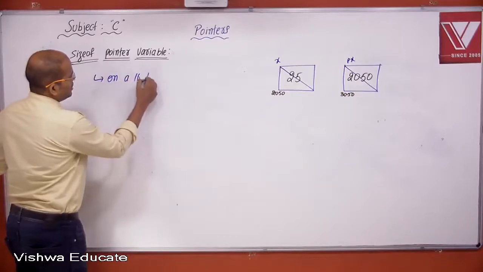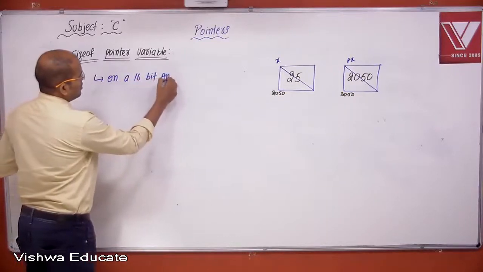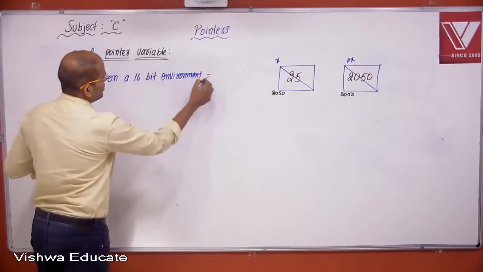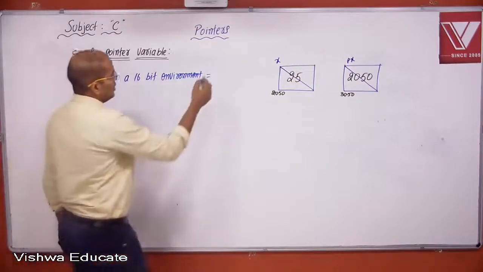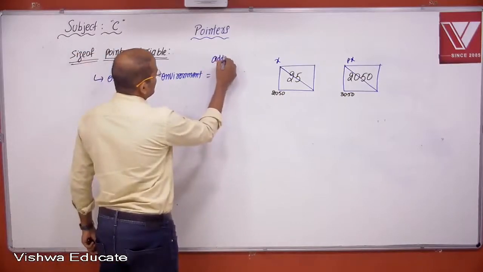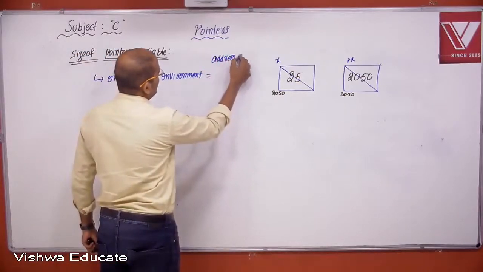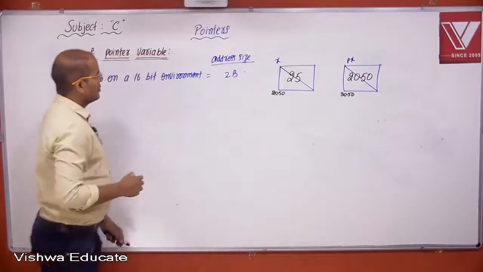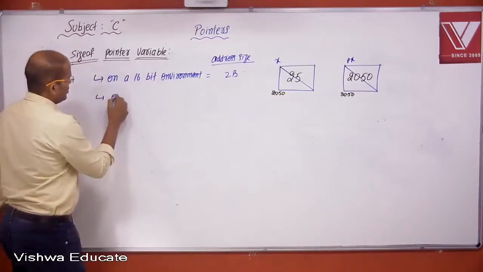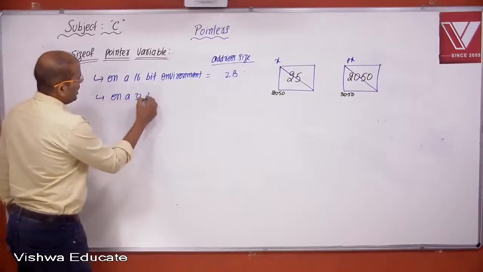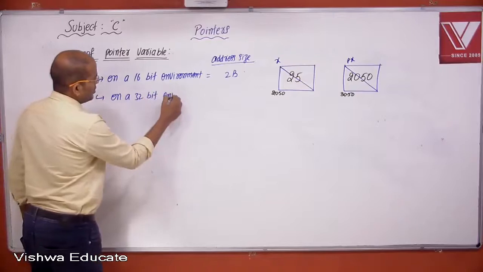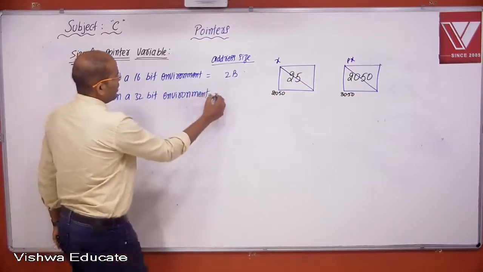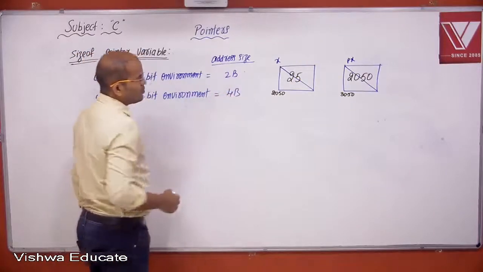On a 16-bit environment, address size is 2 bytes, and on a 32-bit environment, address size is 4 bytes.